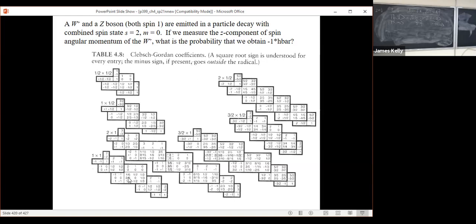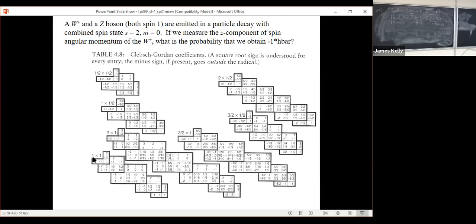How do I know whether I should be looking at the first, second, or third coefficient there? Well, it's a little bit confusing because they're both spin 1. If one was spin 2 and one was spin 1/2, I'd know which one corresponded to the first and second position. Here, the claim is it doesn't matter.